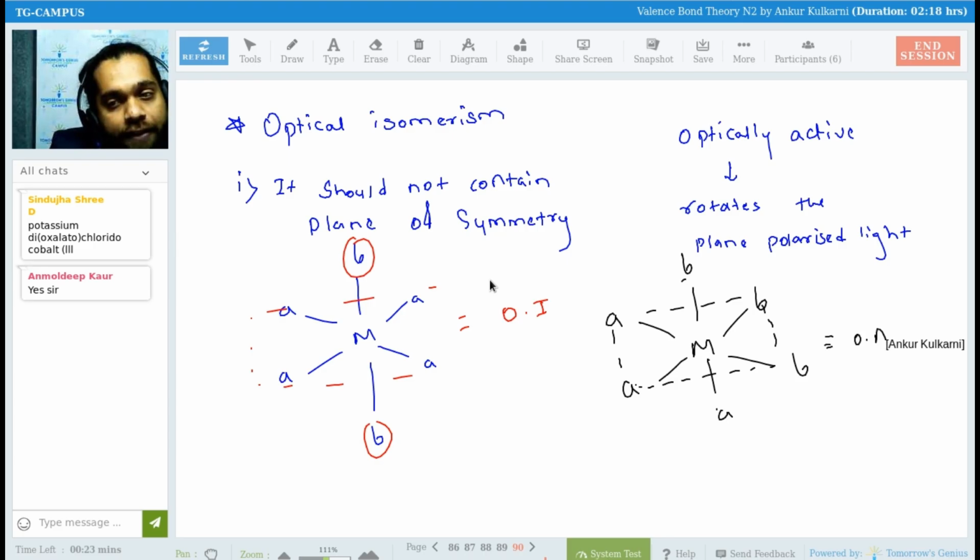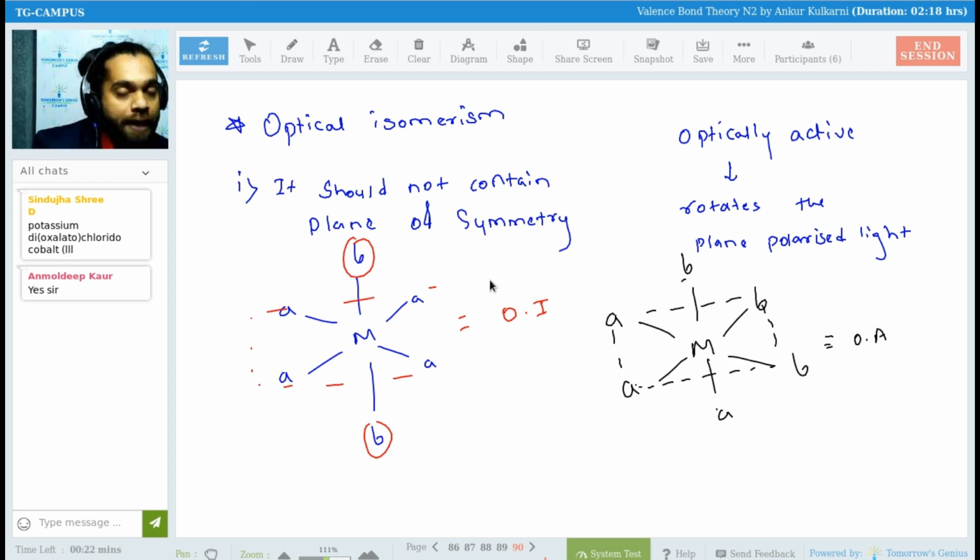I hope optical activity and inactivity is clear. Let me give you a few examples. This is mostly explored in your bidentate and tridentate ligands.